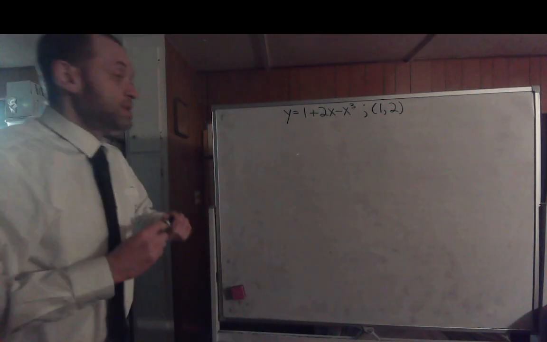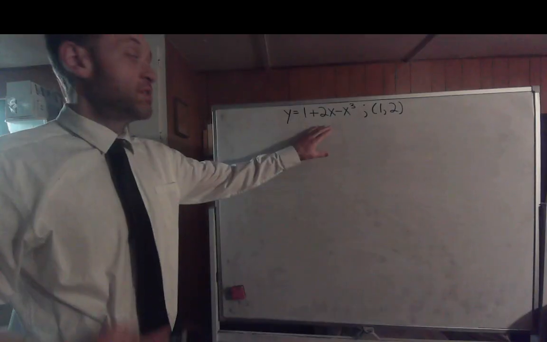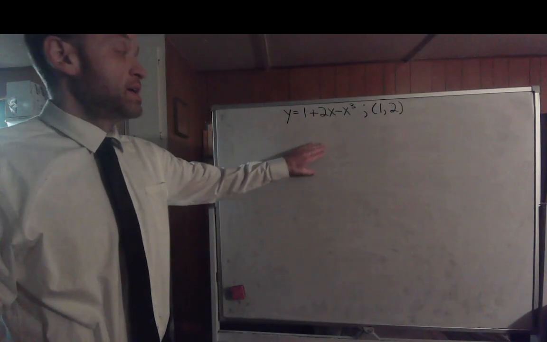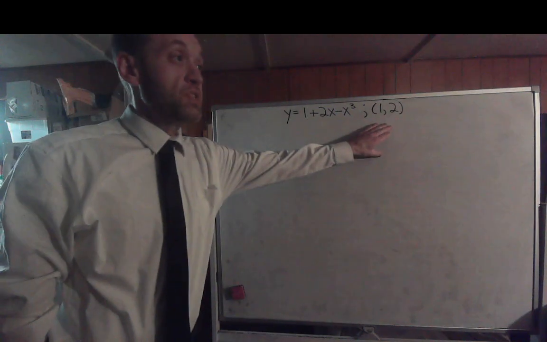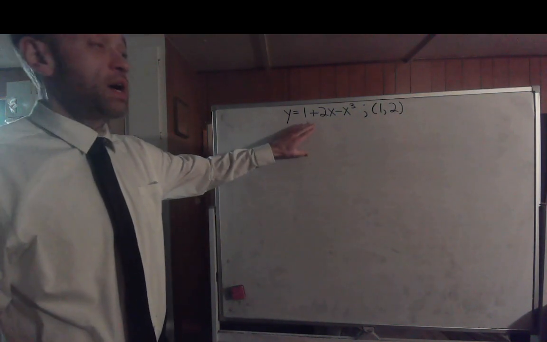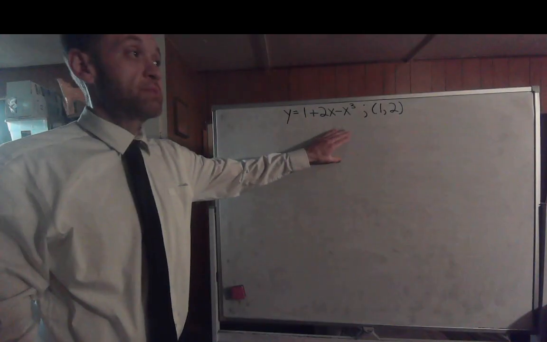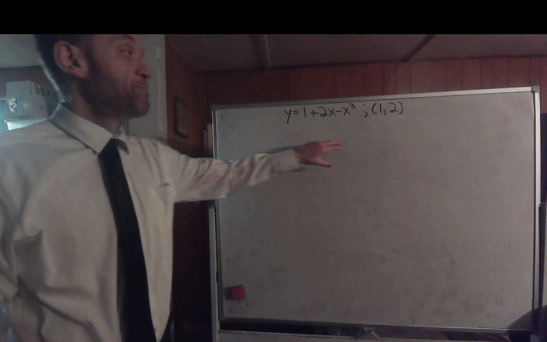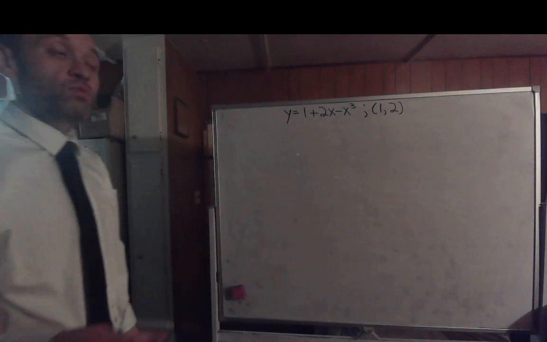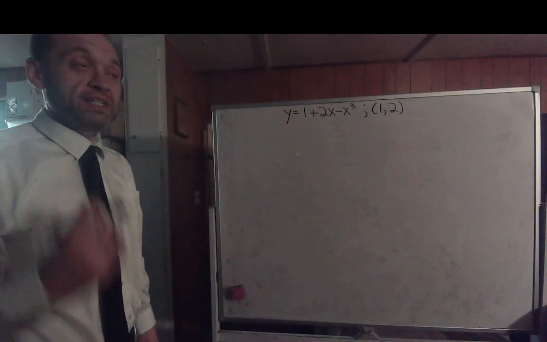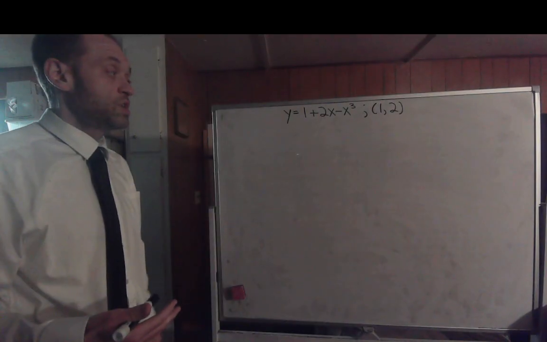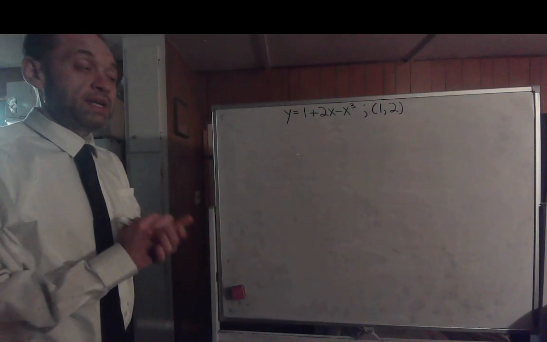So what we want to do is find the slope of the tangent line at the point (1, 2) on the curve y equals 1 plus 2x minus x to the third, using the definition we just got for the instantaneous rate of change. So here's what we need to do.